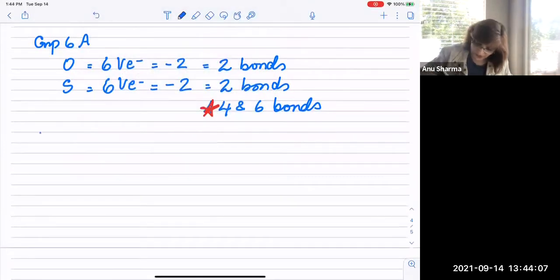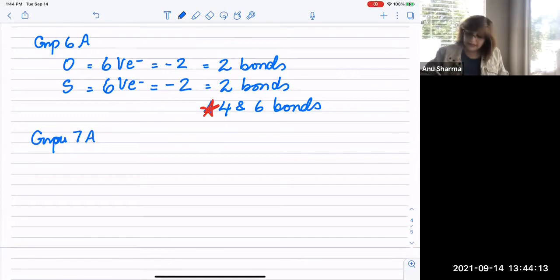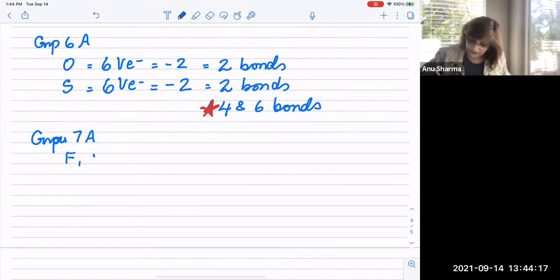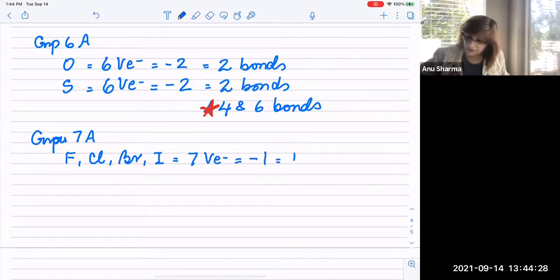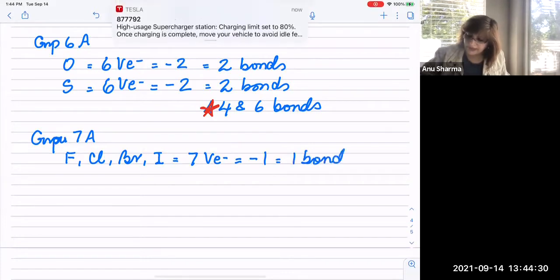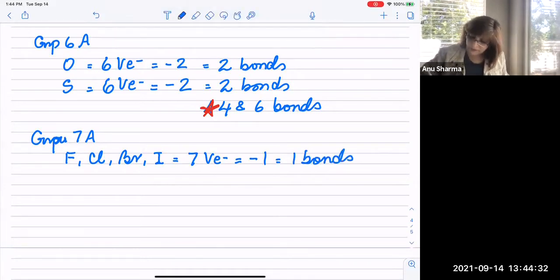Now let's look at group 7A. Okay, group 7A is fluorine, chlorine, bromine, iodine. All of them have 7 valence electrons. So they will have -1 charge and they will make only 1 bond. But the exceptions are chlorine, bromine, and iodine.